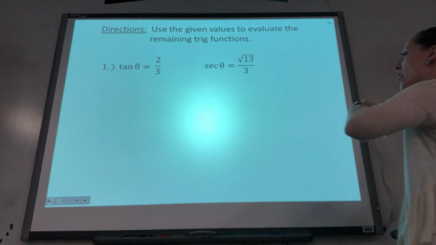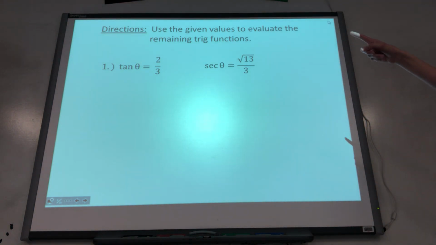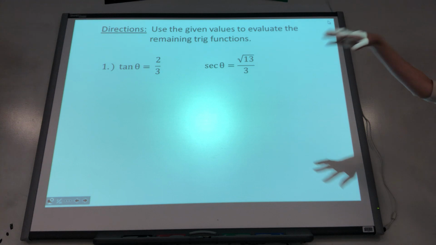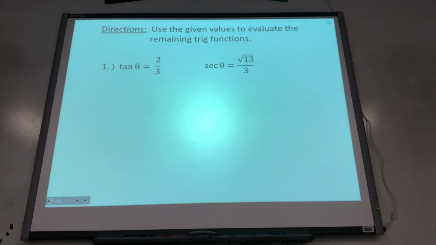Now, in order to start the problem, I kind of like to make a right triangle so that I can use all of that information to label it. But we probably should check and see what quadrant we're in. That way we make the correct right triangle. We want to draw it the right way.